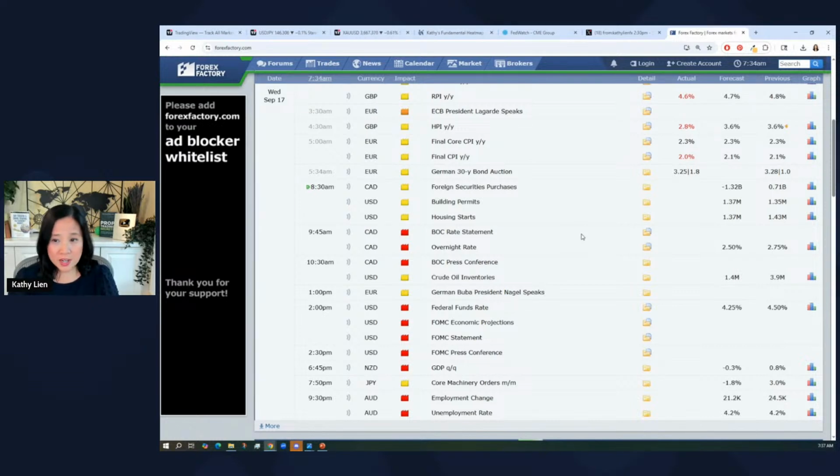Look here, 25 basis point rate cut expected. There will be some movements in dollar CAD, but the real opportunity for the CAD is probably going to be in the crosses, because the dollar, for the most part, is going to be frozen against most of the major currencies until the 2 o'clock FOMC meeting.